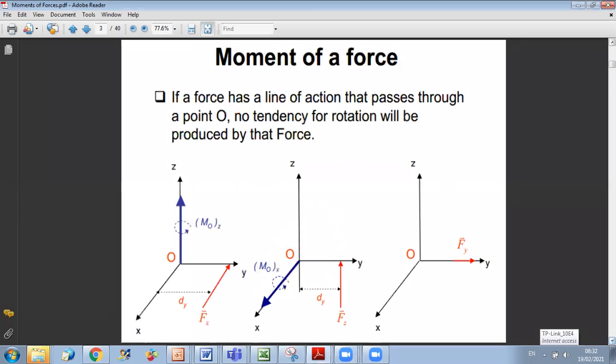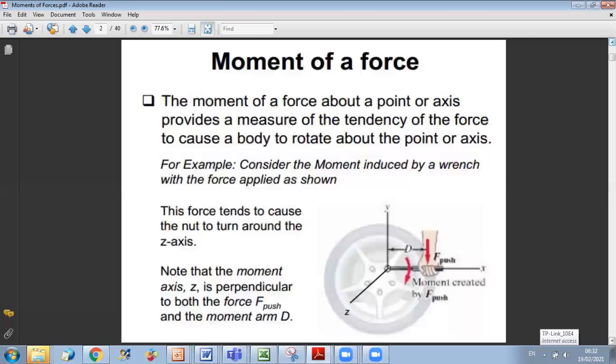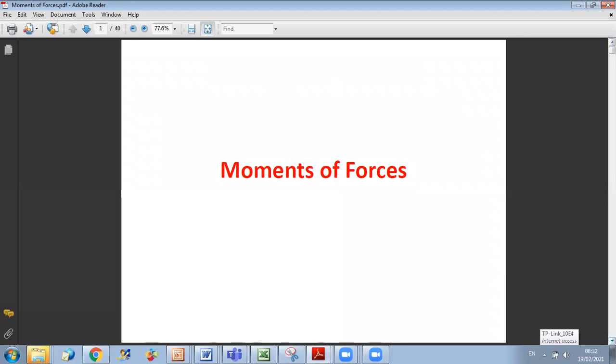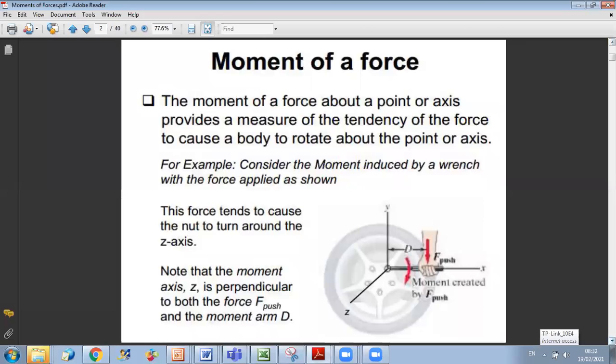First, what is by definition the moment of a force? The moment of a force is the tendency of this force to cause rotation about an axis. Okay? So for example, if you look at this figure, you are trying to rotate this system around this point.